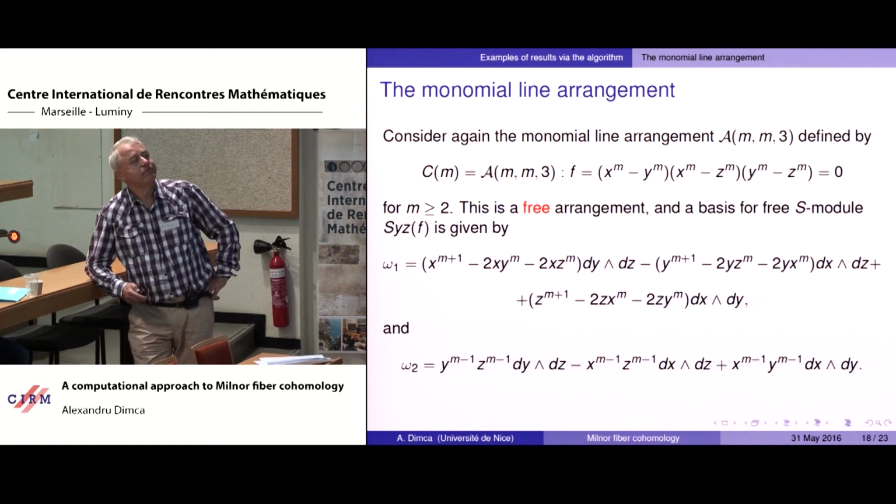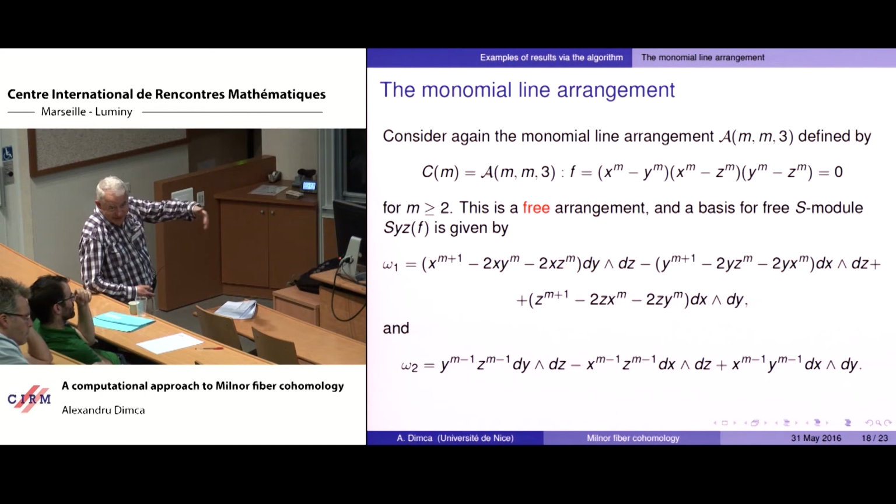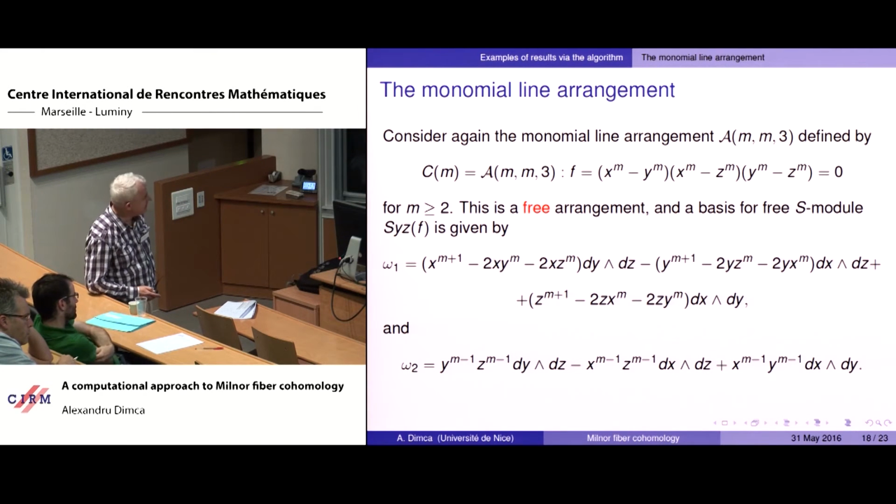Okay? And so you see that it's not so difficult to find a basis, because Singular or other computer software cannot work with arbitrary m. They will give you just values for certain m's.